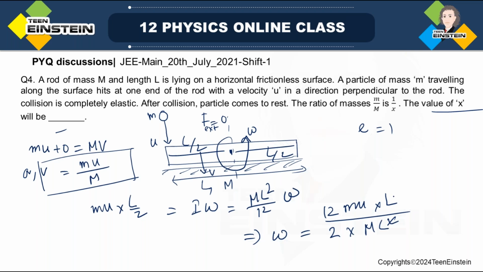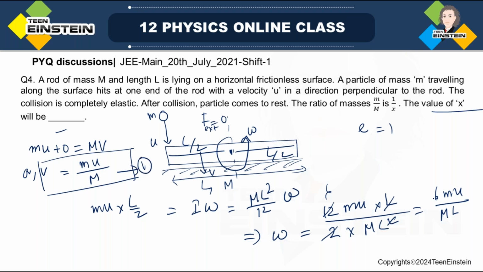So this is 6. So 6 small m u by capital M L. Okay, 6 m u by M L. So let us give the equations some name.